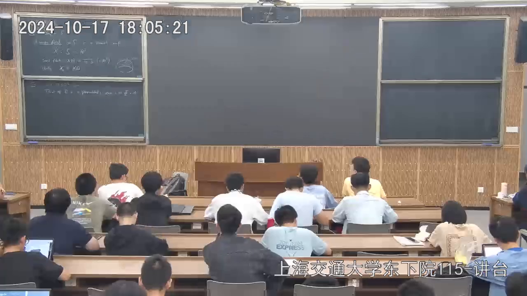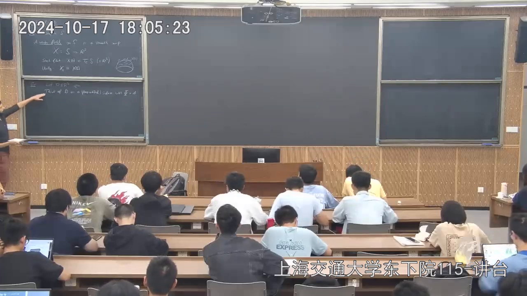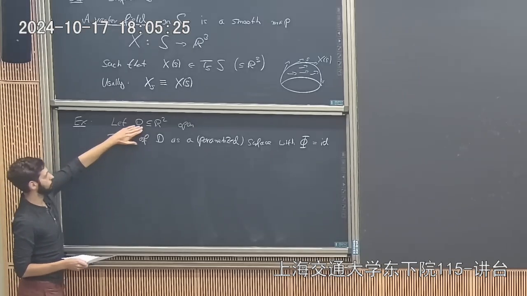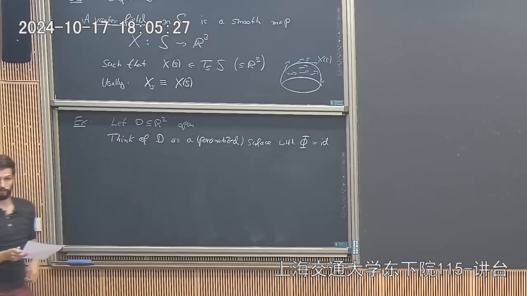So in a simple way, every open subset of R2 we can just consider as a surface.